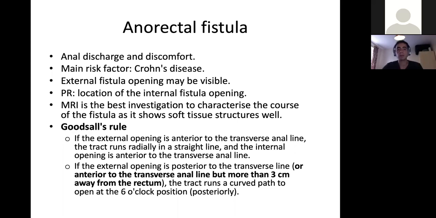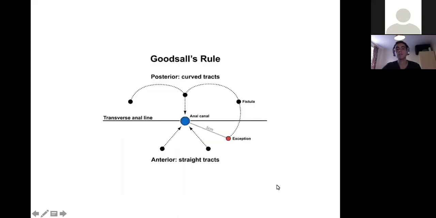We'll go through a diagram looking at what Goodsall's rule is. Goodsall's rule essentially tells us, if we can see the external opening, where we would find the internal opening on examination. In the question, we were told that the external opening is anterior. In this diagram, it's the bottom part below the blue dot, which represents the anal canal.